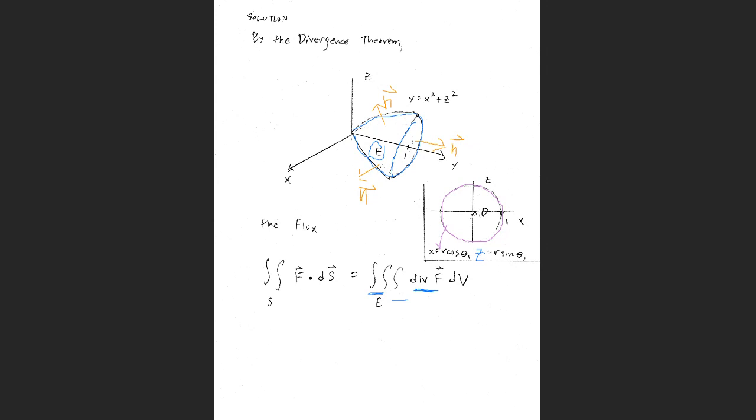All we need to do is find the divergence of the vector field F, and then find the limits for our solid E. Okay, so it's like sections 12.7 and 12.8, right? Okay, so here we go. Here's our vector field. I'm computing the divergence of the vector field. And wow, it turns out the divergence of the vector field is equal to 0.